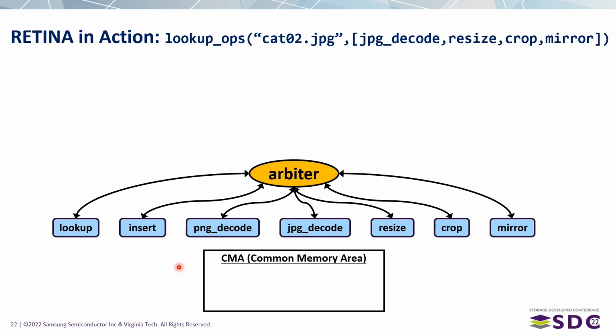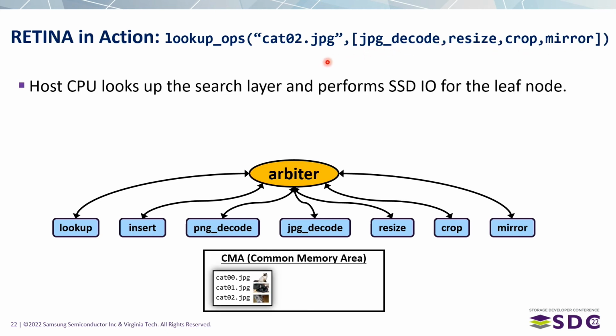Let me give an example of how the actual RETINA computational pipeline works. Here the example is that we want to look up the cat 0 JPEG, and perform JPEG decode, resize, crop and mirror operations. The host will first look up the search layer to find out where the B+ tree leaf node is located. Then it will perform the SSD I/O, so the data on the SSD will be copied to the CMA memory region on the FPGA side.